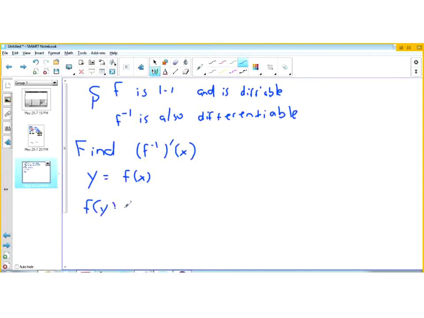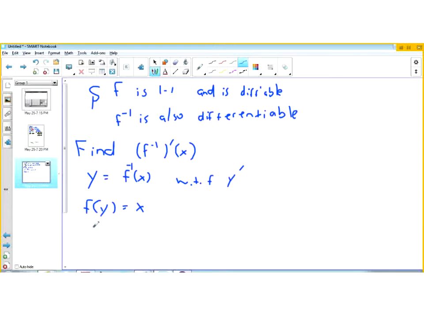I'm sorry, hold up. Let y equal f inverse of x. So we want to find y prime. Okay, so f of y is equal to x.